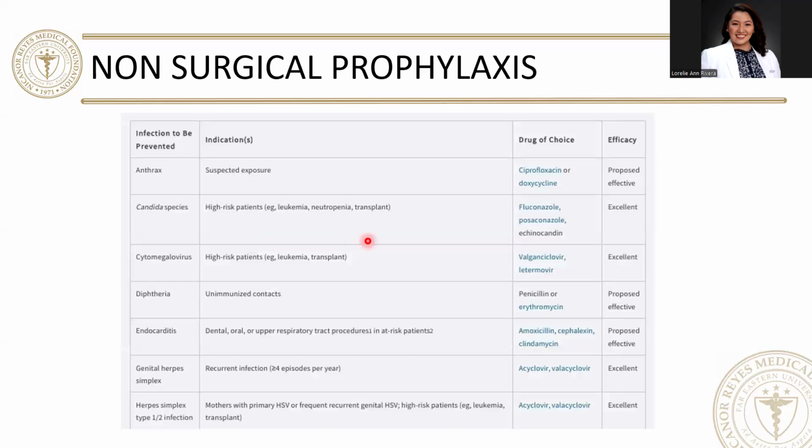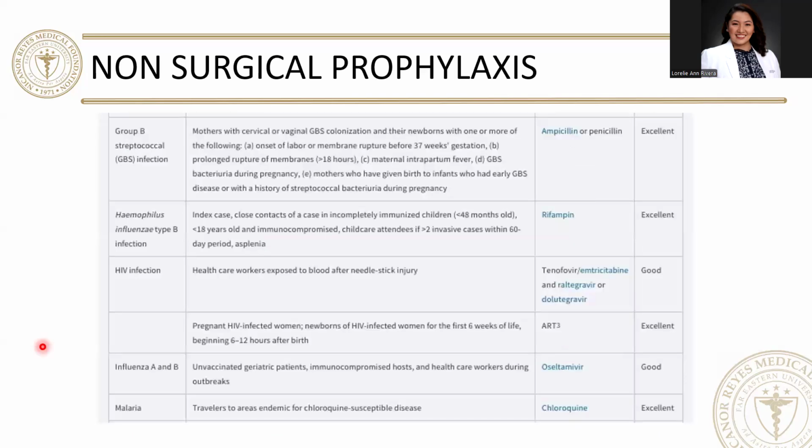These are examples of non-surgical prophylaxis. What I need you to remember here are just the common ones. Of course, for example, in HIV, influenza, and malaria in some parts of the Philippines.